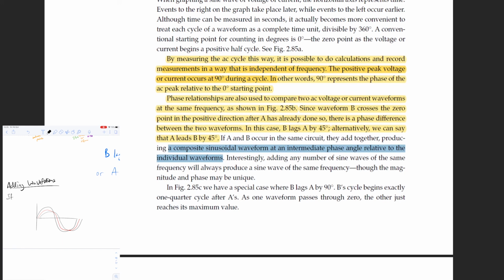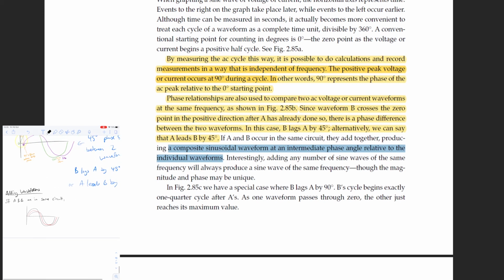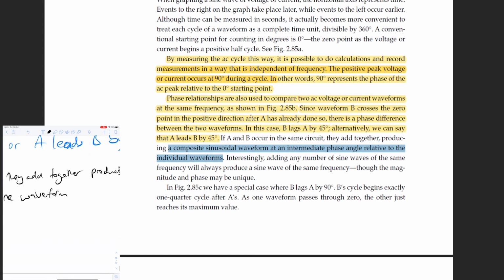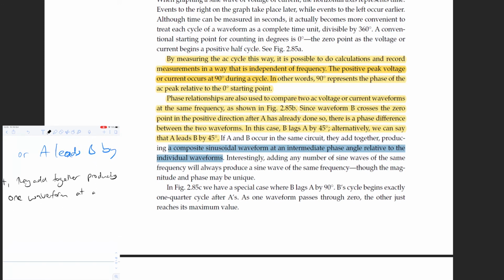If A and B are in the same circuit, they add together, producing one waveform at an intermediate phase angle, whatever that means.